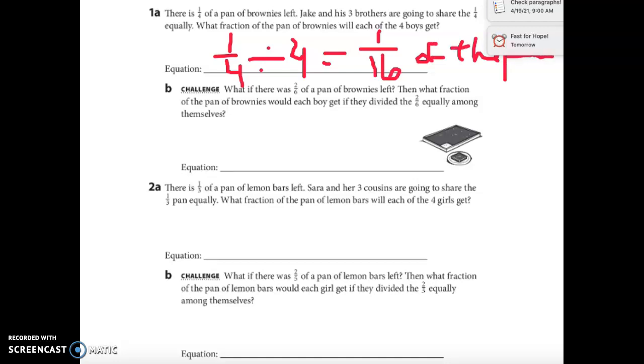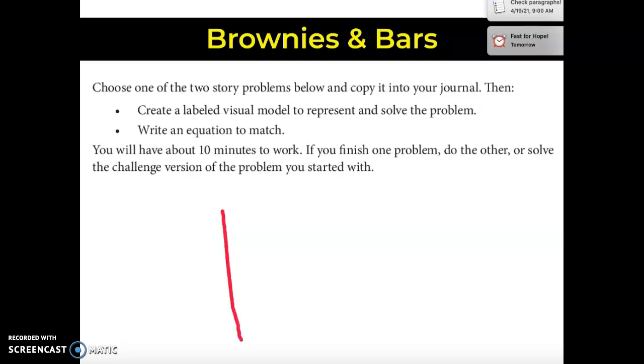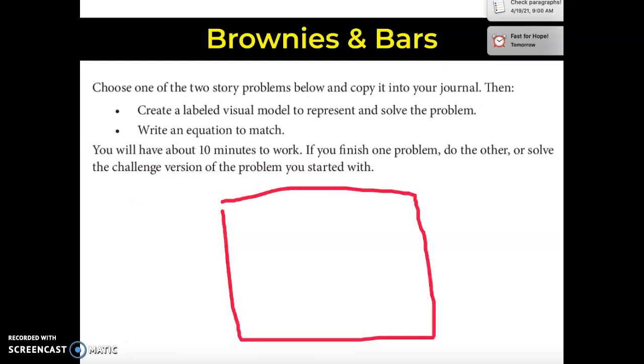Nice job. I'm going to go to 2A now, where it says there is 1/3 of a pan of lemon bars left, and then Sarah and her 3 cousins split that 1/3 equally, and we're taking 1/3 divided by 4. So I'm going to do it in this open space again. Start with our pan of brownies.